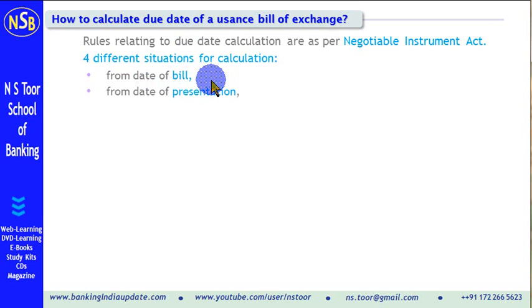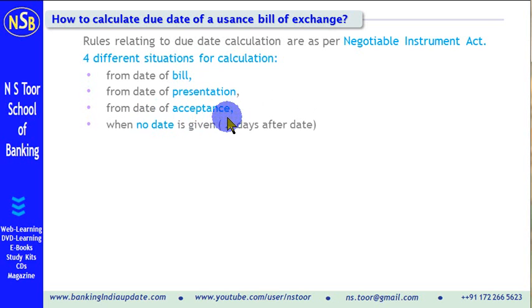Second, when calculation is to be made from date of presentation of the bill. Third, when calculation is required to be made from date of acceptance of the bill by the person who is to pay it, called drawee. And fourth situation, when no date is given. It is simply stated as so many days after date. Which date, that is not mentioned.